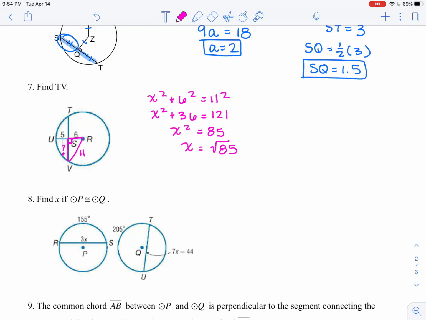That represented the length of SV. SV is half the length of the entire segment we need, TV. So to find the length of TV, we'll double the square root of 85. You can leave your answer as 2 root 85, or if you prefer, this is about 18.4.